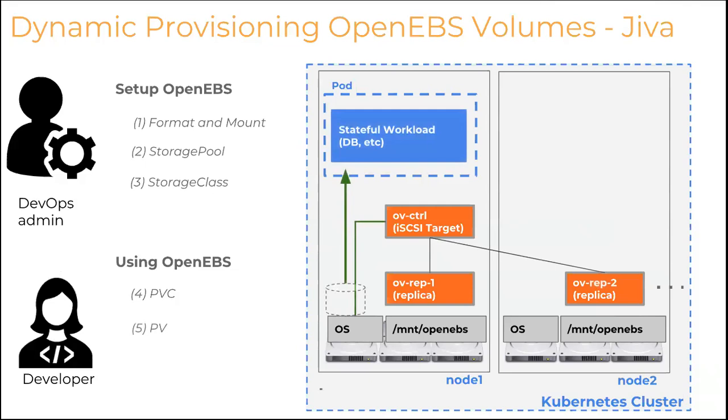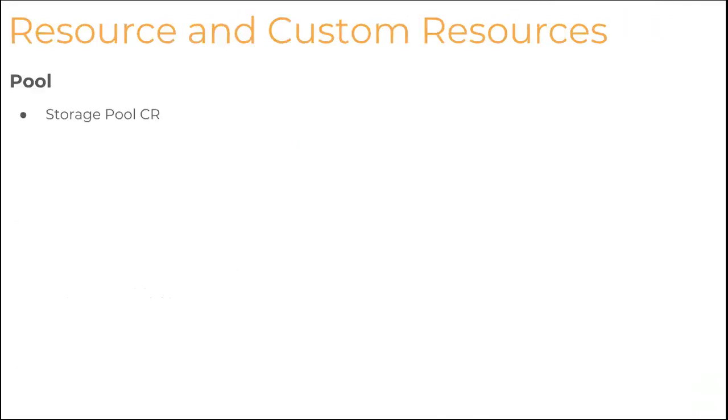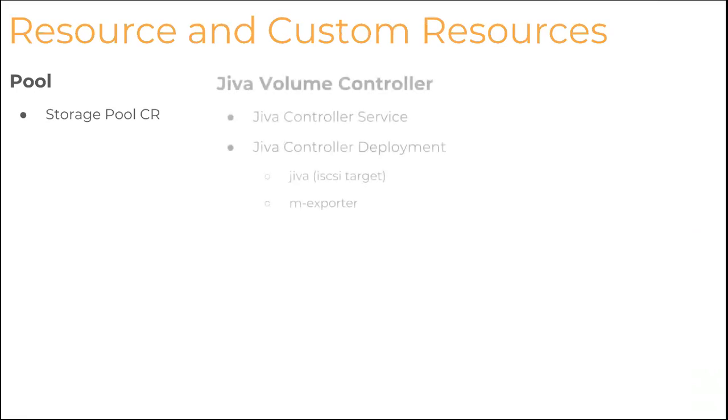Okay. So I wanted to focus more on the objects that we are creating as part of this workflow. For the pool itself, we are just creating a storage pool CR. Nobody is watching it. It's more like information that we store in the etcd that can get utilized while scheduling the replica volumes. Right? And for the Jiva controller itself, a service is created and a deployment is created, and the deployment contains 2 pods.